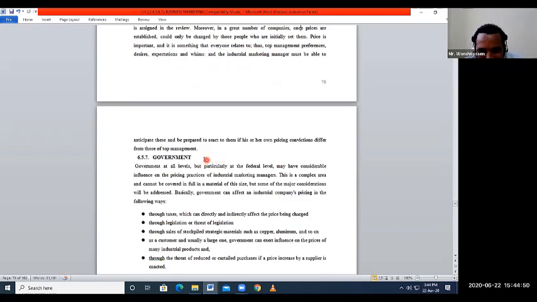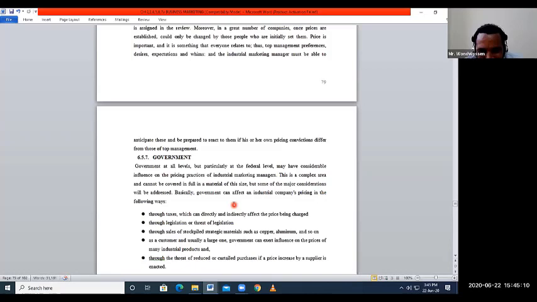I think this is the last factor we have to consider while we make price decision in industrial market: government. All government, particularly the federal government, is important in setting the price of a certain industrial product.